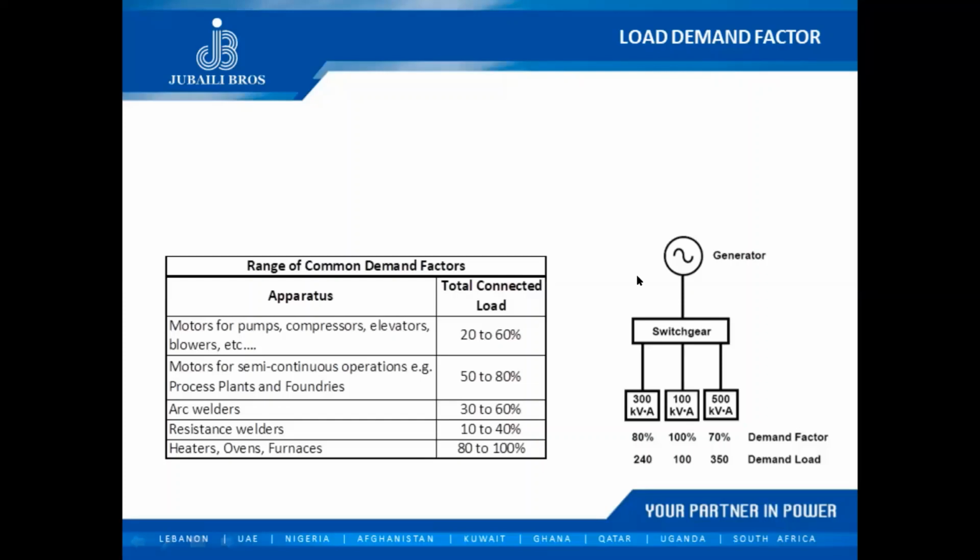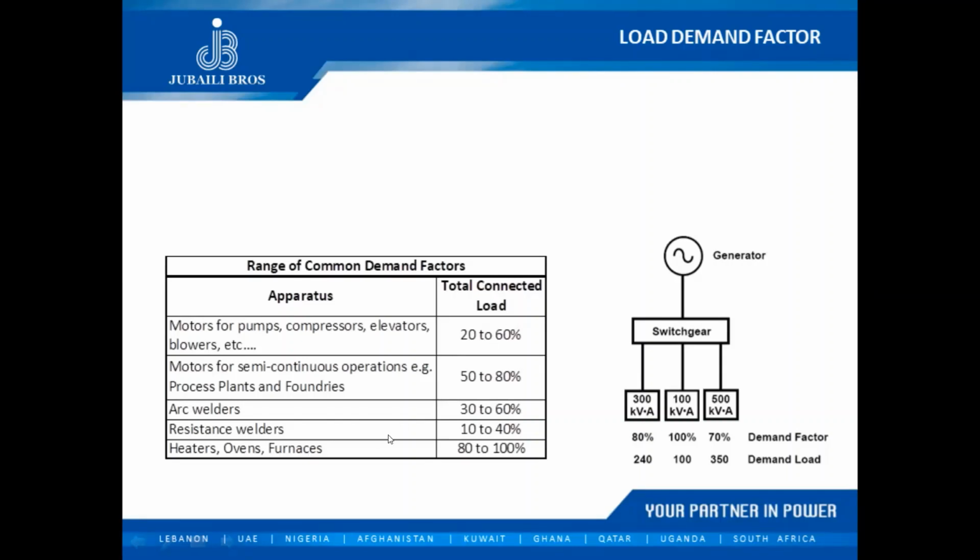And in some cases, demand factors are really high. For example, this is an example of different loads. If you look at arc welders, the demand factor is 30 to 60% of the total connected load.